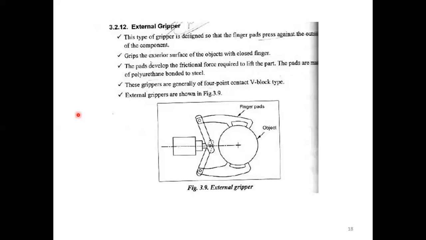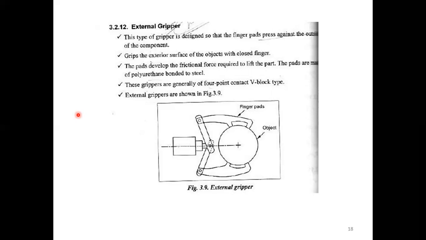As for the external gripper, it grips the external surface. This type of gripper is designed so the finger pads press against the outside of the component, gripping the exterior surface of the object with closed fingers. The pads develop the frictional force required to lift the pot.